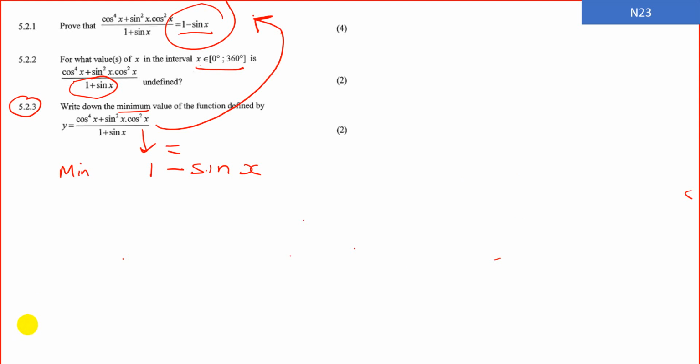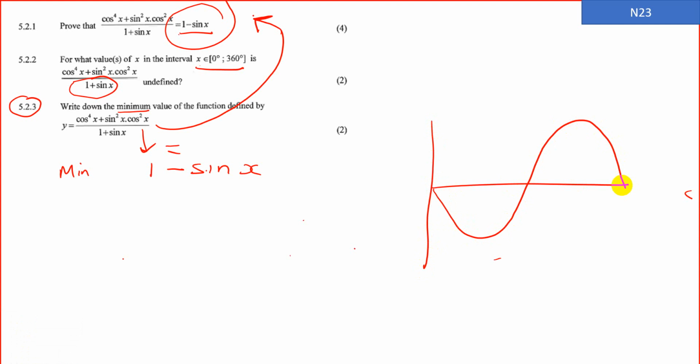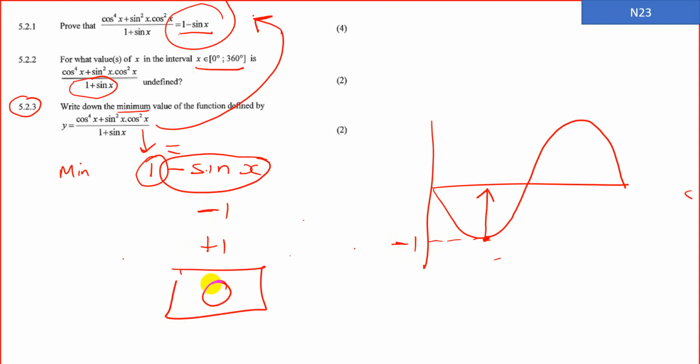If we look at a negative sine x graph, it goes the other way, and it should be looking something like that. So the minimum value of a minus sine x graph is actually negative 1. And this is a plus 1, which means we're shifting the graph 1 unit up. And if we shift the graph 1 unit up, that brings us to a minimum value of 0. I hope that makes sense to you.